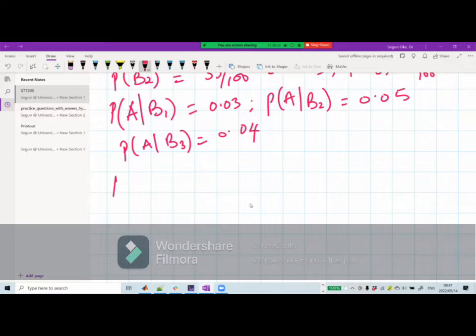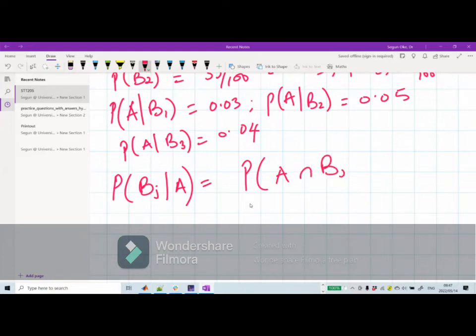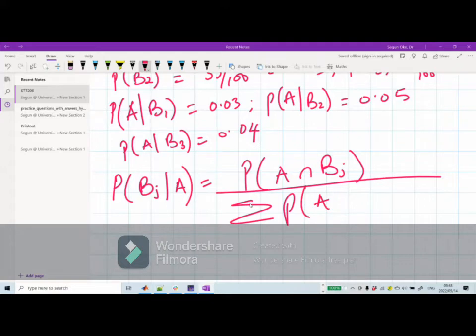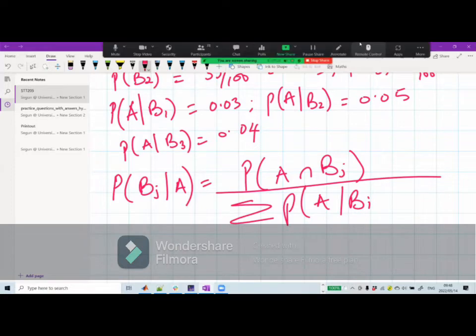We want to see the probability of BJ given a script, which will be the probability of A intersection BJ divided by the summation of the probability of A given BJ. So from that, we will be able to solve the problem.